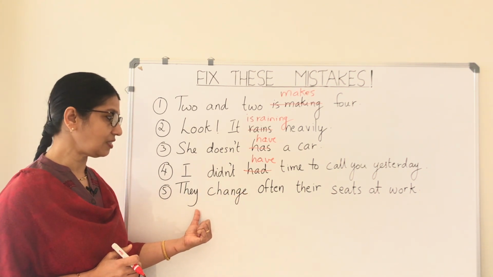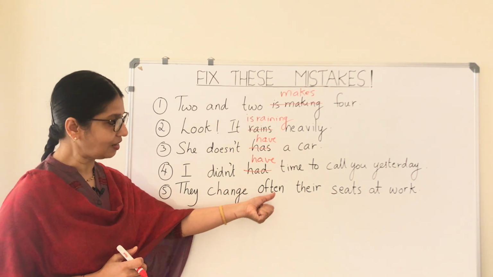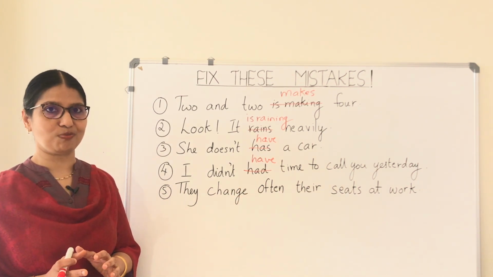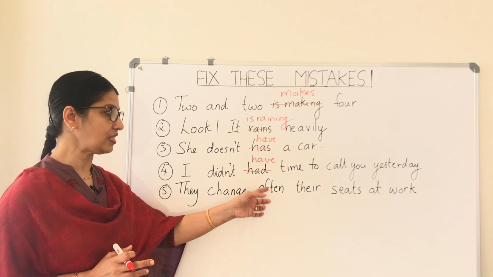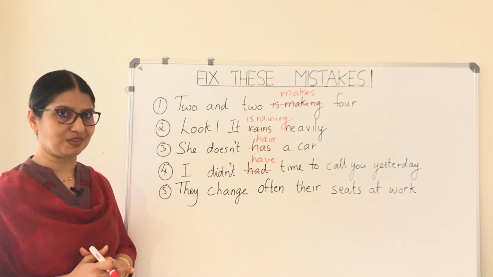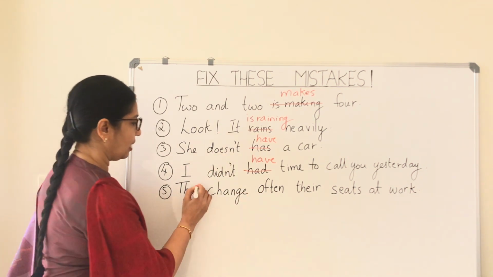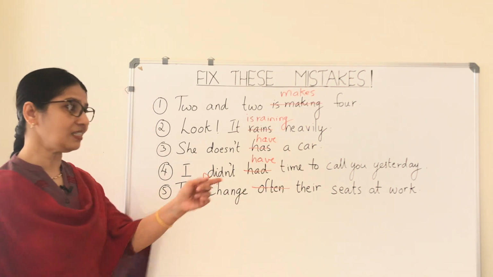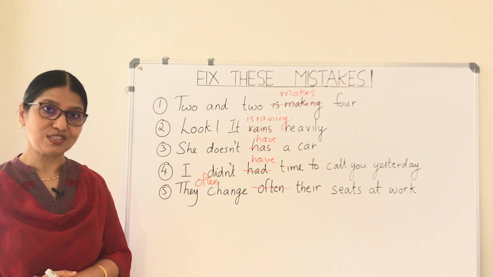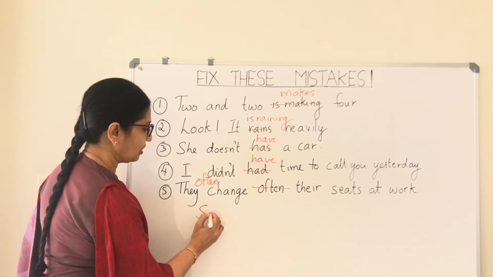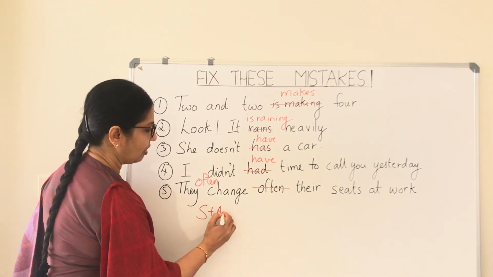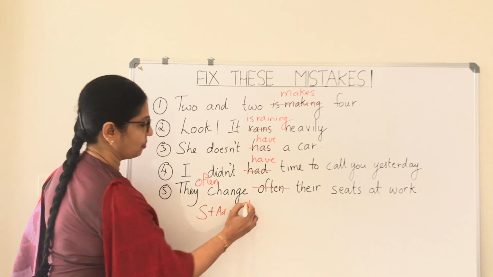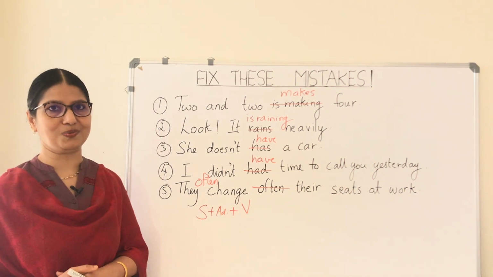So the subject, the verb, and then often is an adverb of frequency. So the right order should be the adverb of frequency should come before the main verb. So it should be, they often change their seats at work. So first you have the subject, followed by the adverb of frequency, followed by the main verb. This should be the order used.